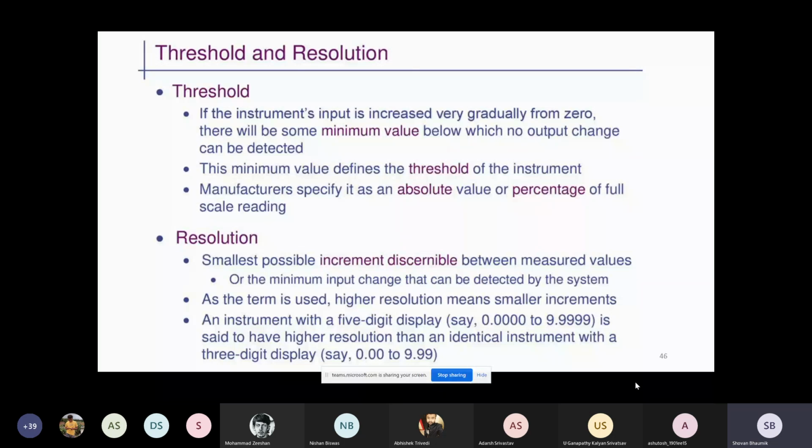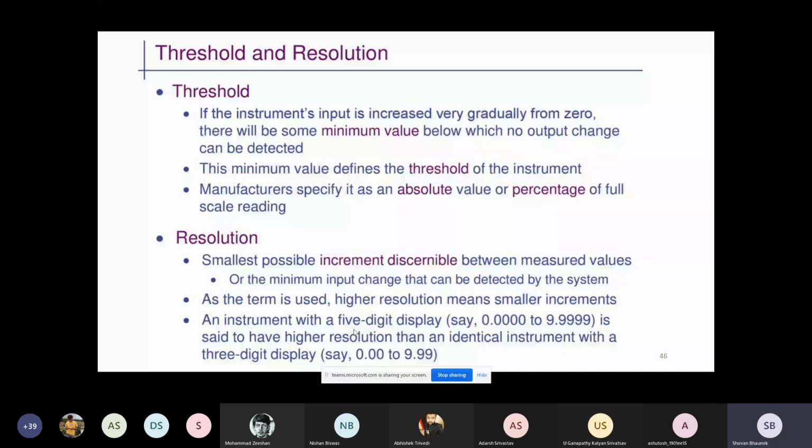High resolution is good. For example, here is the last point. An instrument with a 5-digit display, say 0.0000 to 9.9999, is said to have more resolution than an identical instrument which has a 3-digit display, 0.00 to 9.99. Both can measure 0 to 10.